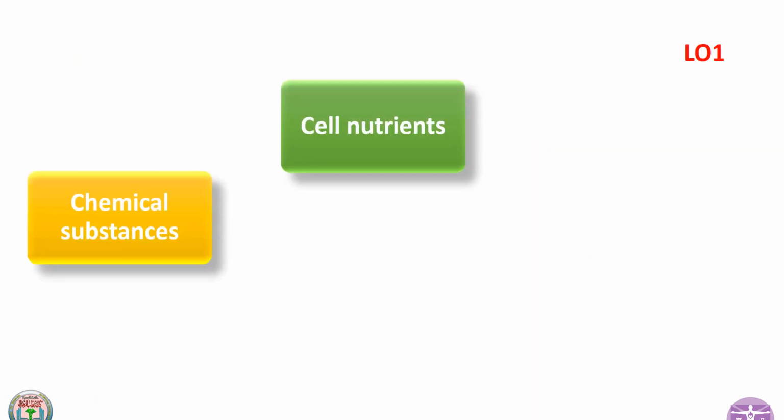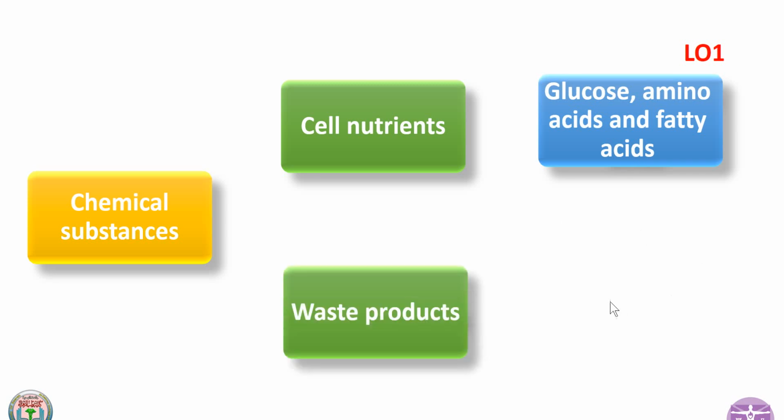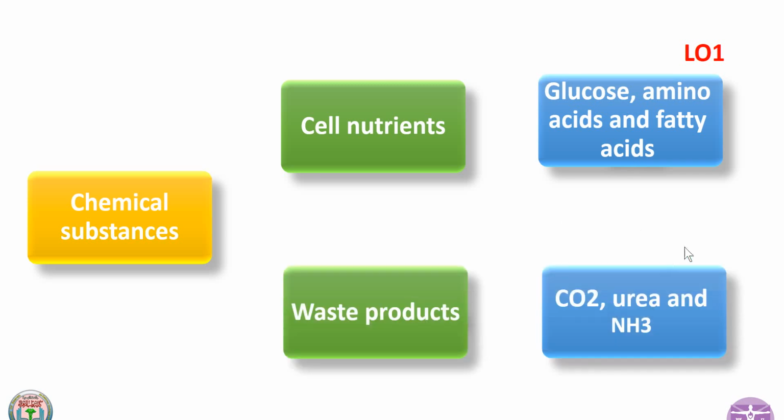Chemical substances in the body are either cell nutrients, which include glucose, amino acid, and fatty acid, or waste products, which include CO2, urea, and NH3.